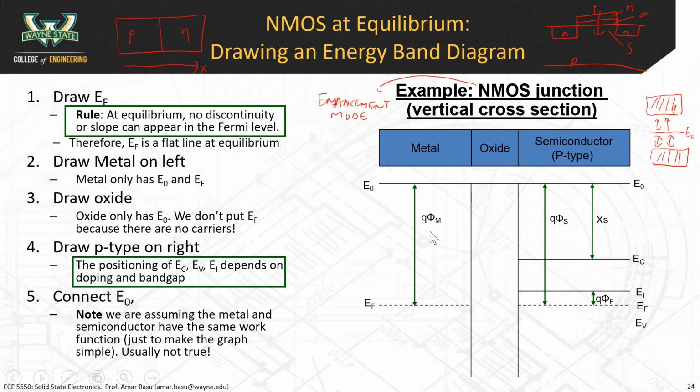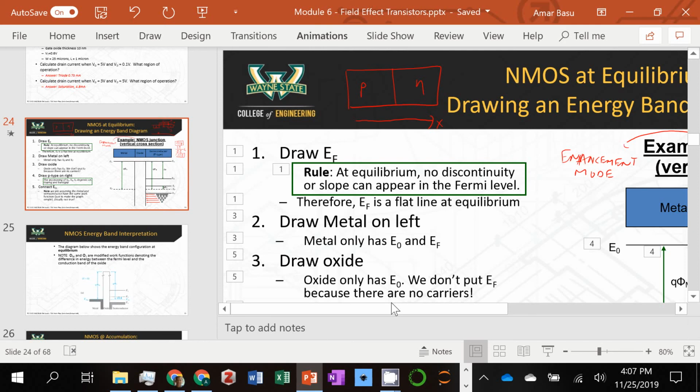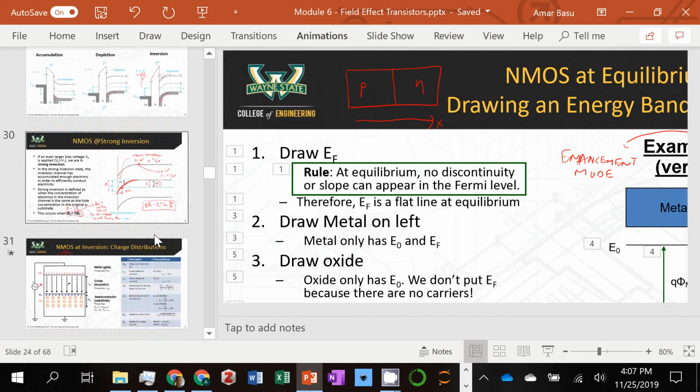If you don't have a flat band, that means you have electric field just under the gate. And if there's a strong enough electric field, you can have an inversion channel even at zero potential, even at equilibrium. And that's where depletion mode devices can come about, if you have a non-zero flatband, meaning if your phi m is not equal to phi s.